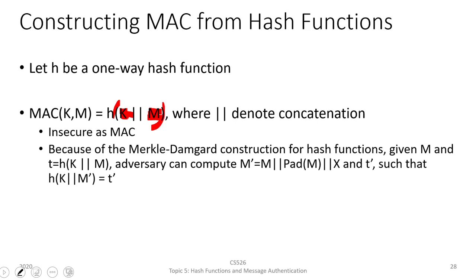So this is not going to be as secure as a dedicated MAC function, a different function, something like an encryption function. But what we get here is a faster execution, for example.